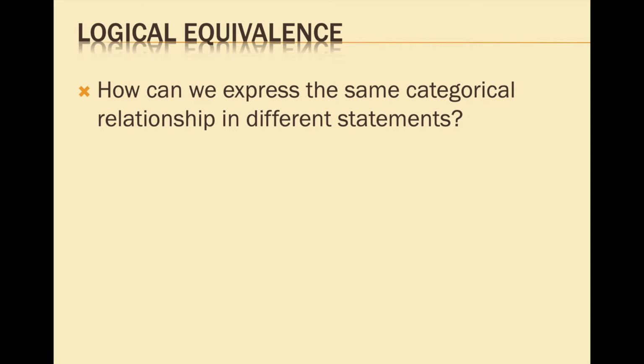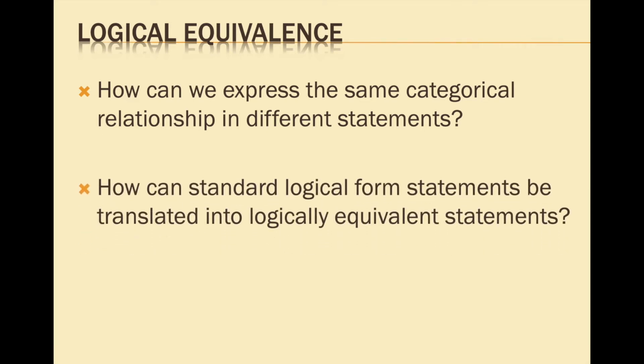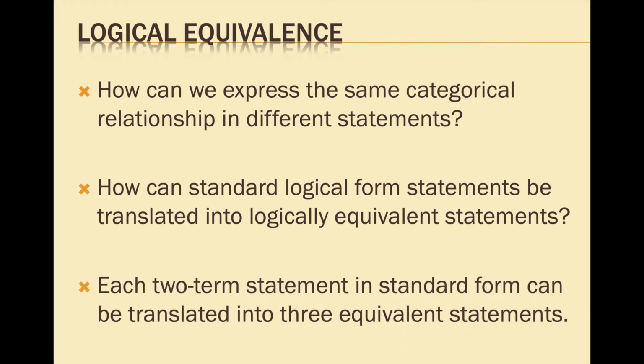So we want to know, how can we express the same categorical relationship using different statements? That is, how can standard logical form statements be translated into additional logically equivalent statements?